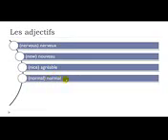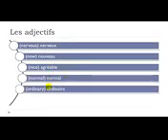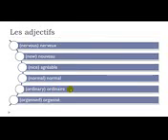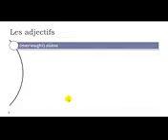Normal. Ordinaire. Don't insist on the final E. Ordinaire. Organisé. E accent aigu et organisé. Obèse. Remember, E accent grave est obèse.